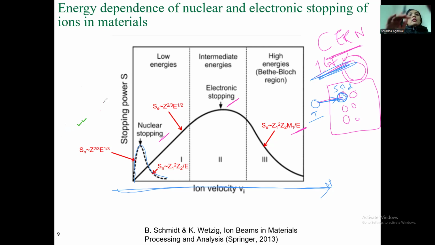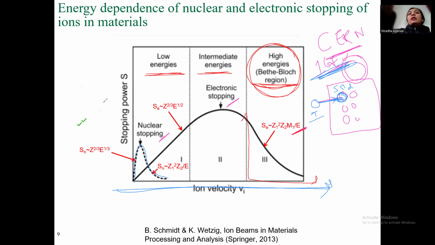So this is here low energy, intermediate energy, and high energy. It says for higher energy, we follow something called Bethe-Bloch. Do you know this Bethe-Bloch thing? Bethe-Bloch is something which is 1 by E. This is the kind of thing that you see.